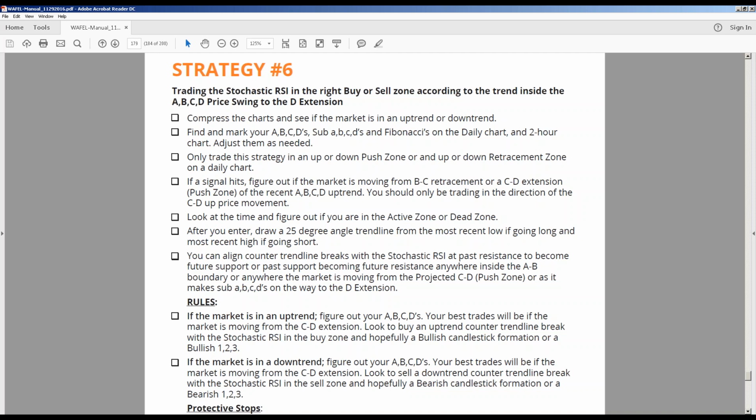Then find and mark your ABCDs, sub-ABCDs and Fibonaccis on the daily chart and the 2-hour chart. Only trade the strategy in an up or down push zone or an up or down retracement zone. Now before we move along, let's open up a currency pair.